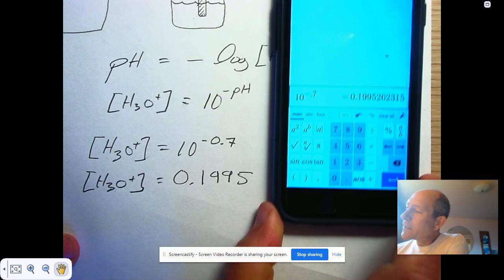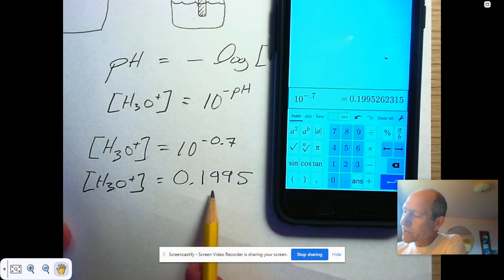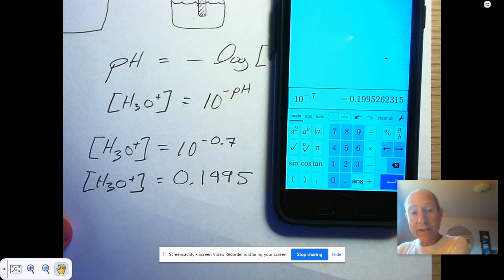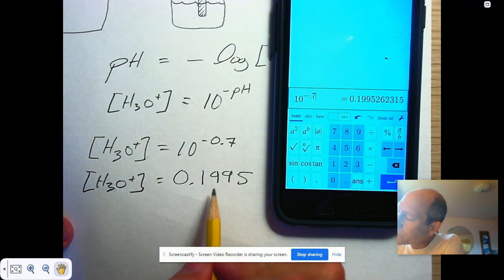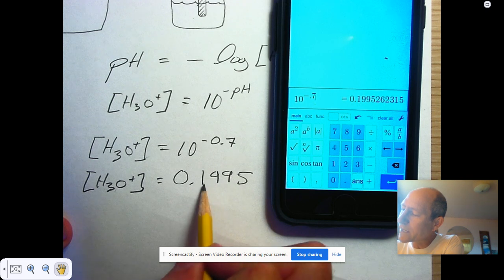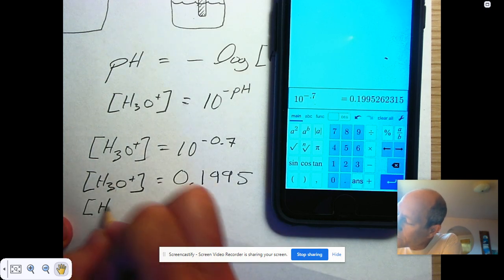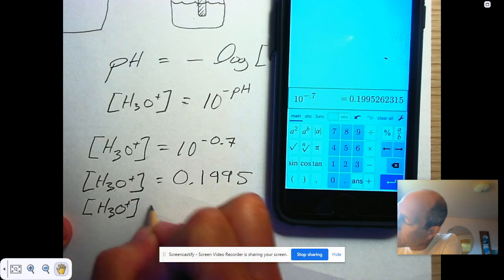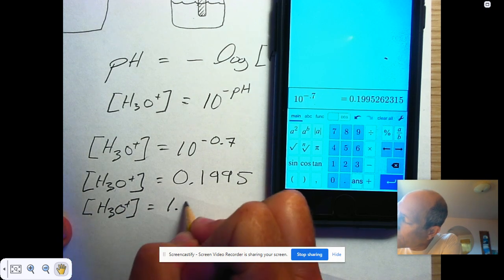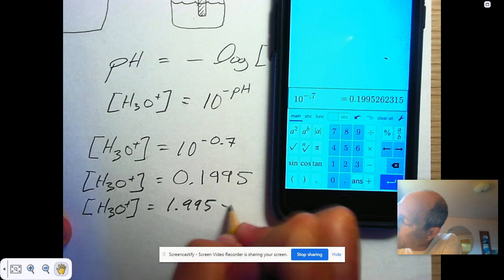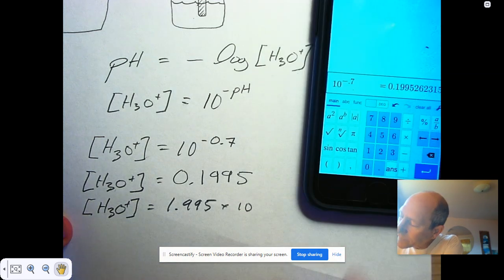0.1995. So sometimes there's going to be a bunch of zeros over here, a bunch of zeros over there. So a lot of times we'll like to report the answer in scientific notation. In order to do that, the decimal place needs to be between the 1 and the 9 place right here. So to do it in scientific notation, I would say that the hydronium ion concentration is equal to 1.995 times 10.